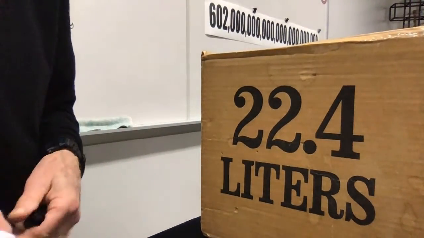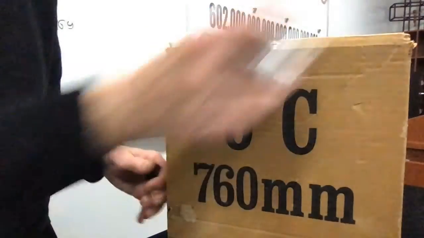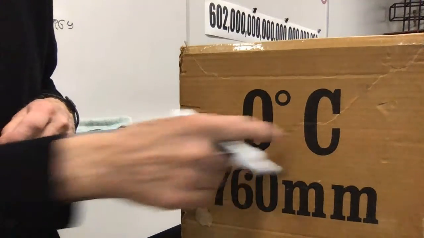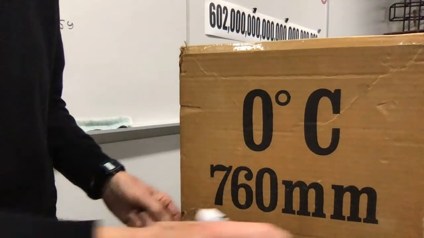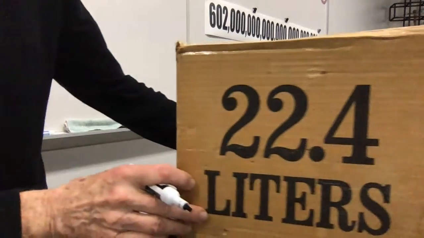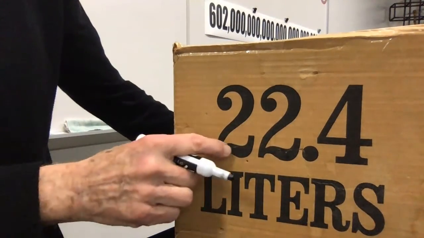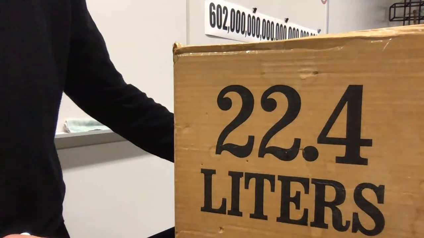If the temperature was warmer, in other words, if we were to change this to be like room conditions, 25 degrees Celsius, that's comfortable, then the box would have to get bigger. And instead of having 22.4 on the side of the box, I would have to put down in here 24.5 liters.